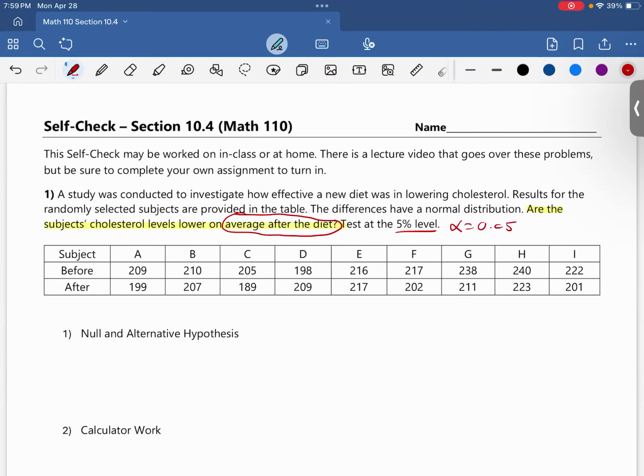Okay, so we have this table here of subjects A through I, before and after they take the diet pills, and their cholesterol levels are given as the numbers. So the first thing we want to do is to pick L1 and L2 to put into our list. So before will be L1 and after will be L2.